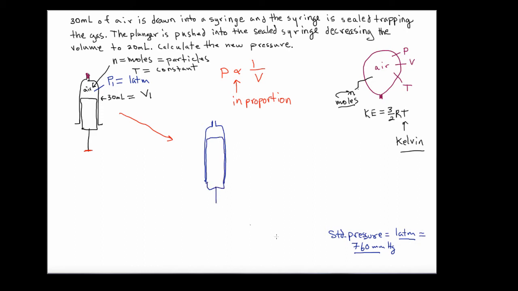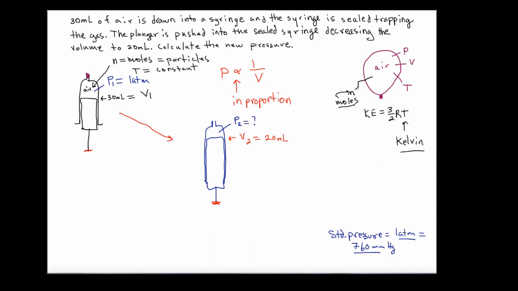And here's my plunger handle. And I've shoved this thing up so that now my new volume, V2, is equal to 20 mils. So we've decreased the volume by 10 milliliters. And the challenge that I want to lay before us is to find the new pressure, which is going to be P2.